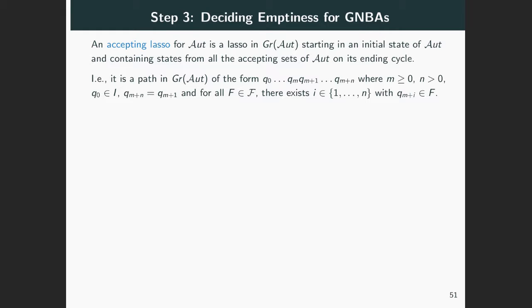More formally, it is a path of this form, where Q0 is in I, and Qm plus 1 is the same as Qm plus n. So this is the cycle part of the lasso. And this cycle part contains elements from all the accepting sets F in graphic F.